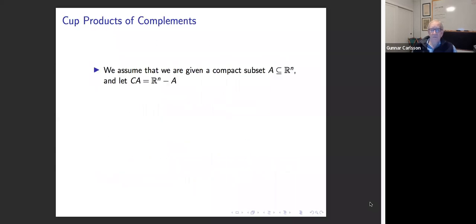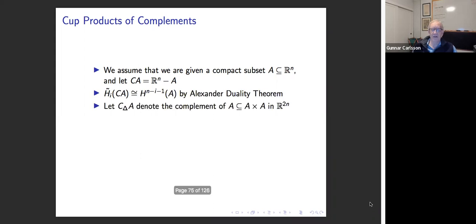Okay, so now suppose we're given a compact set A. We let the complement of A equal R^n minus A. So again, H^i reduced of the complement of A is H_{n-i-1} of A by the Alexander duality theorem. We'll let the complement sub delta of A denote the complement of A inside the diagonal R^n within R^2n.